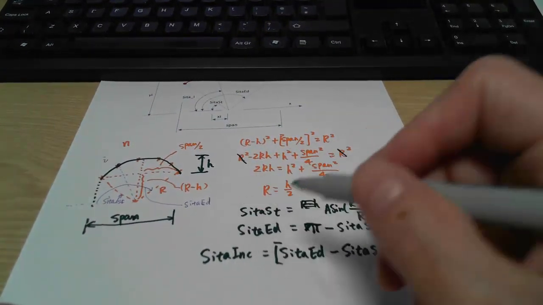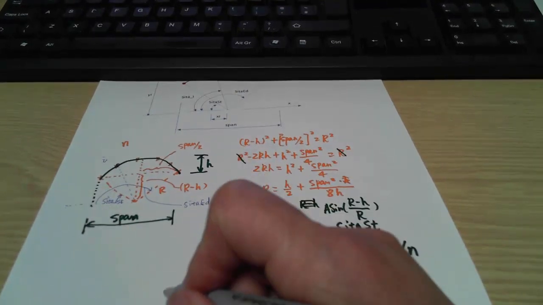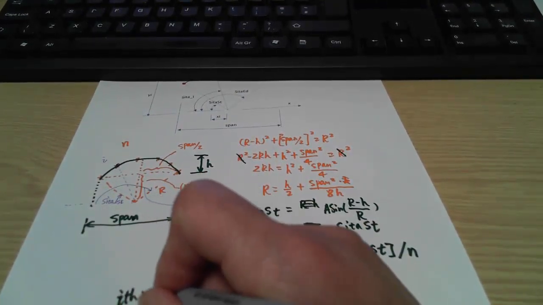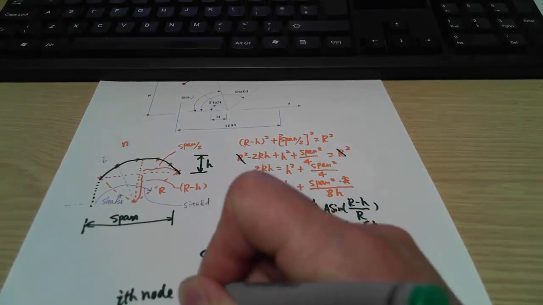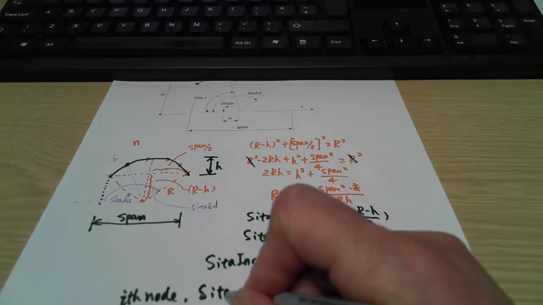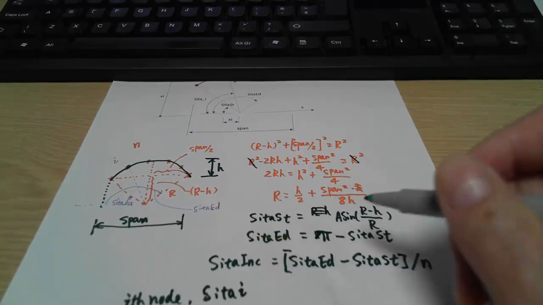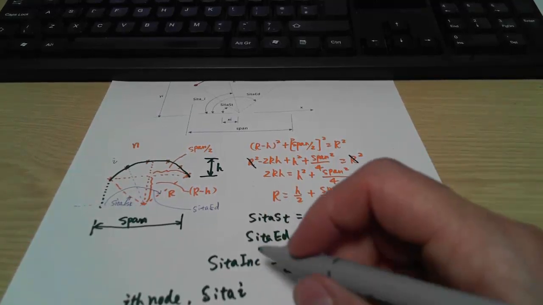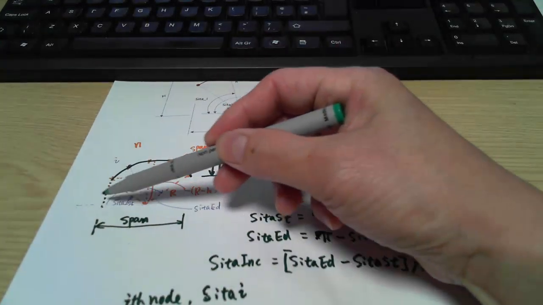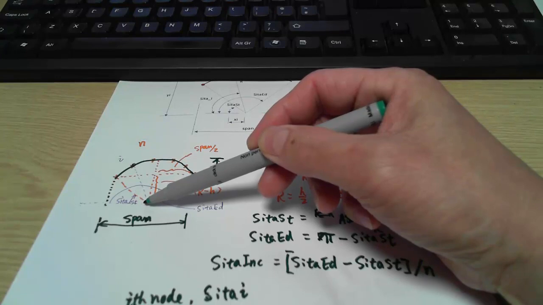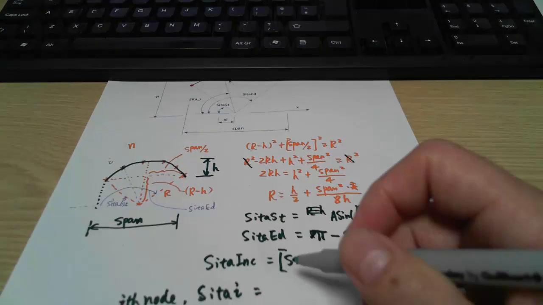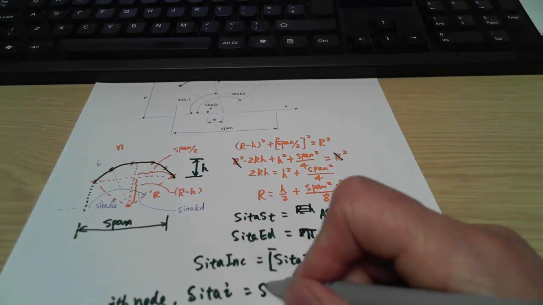After you get this one, for the i's node, let's use theta i to represent the angle of the i's node at that location, between this line and this line.